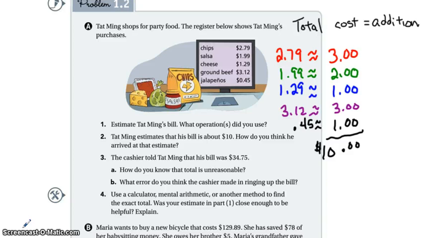If it was $4.01, we would make it go up to $5, and that way we always make sure we have enough money. Another estimation strategy is underestimation. That would be where we round everything down. The estimation strategy depends on what the situation calls for.